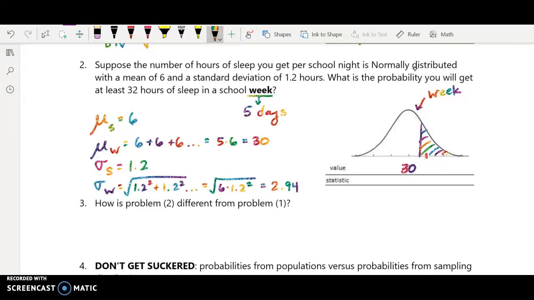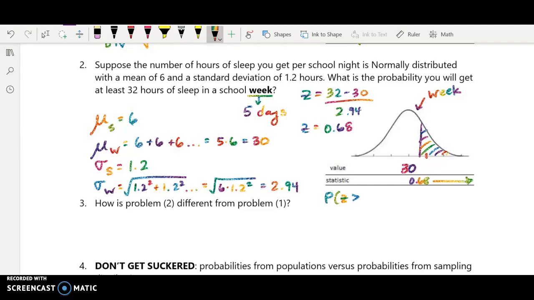Again, z equals 32 minus 30 over 2.94. So 2 divided by 2.94 tells me we're at 0.68 standard deviations away, which makes sense because we know it's a little less than 1 standard deviation. And I want to find the area to the right of that.